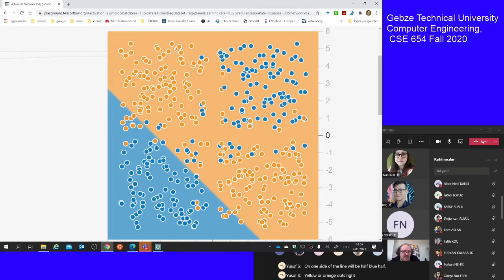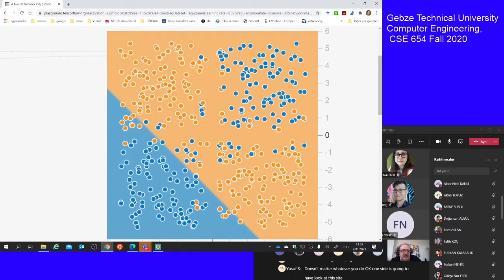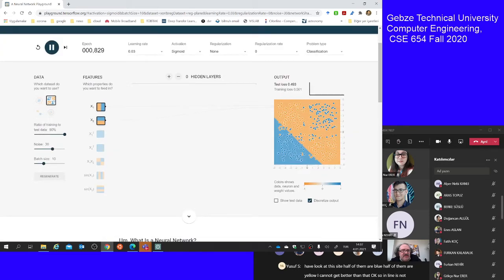Doesn't matter what you do, one side is going to have, look at this side, half of them blue, half of them yellow. I cannot get better than that. So a line is not going to cut it. I should do something better.